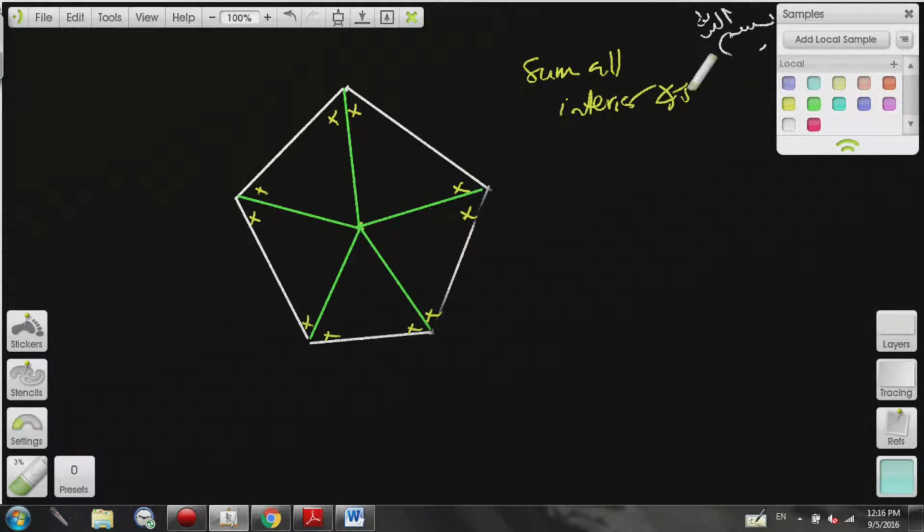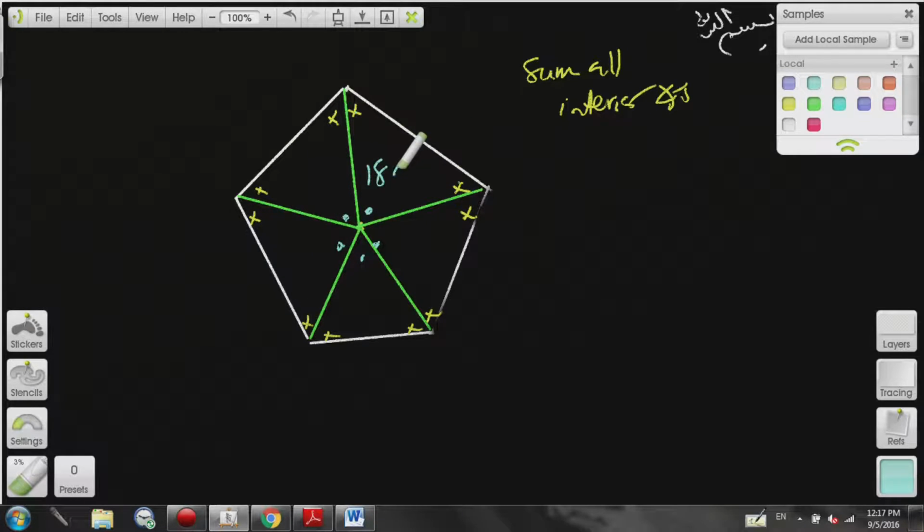So what we're going to do on the other hand is that, see, now you have 5 triangles, right? And each triangle has 180 degrees in it, correct? So if you take this angle plus this angle over here, and this angle here, each triangle is 180 degrees. I'm going to put dots there for those, and add up all these little x's and all these dots.